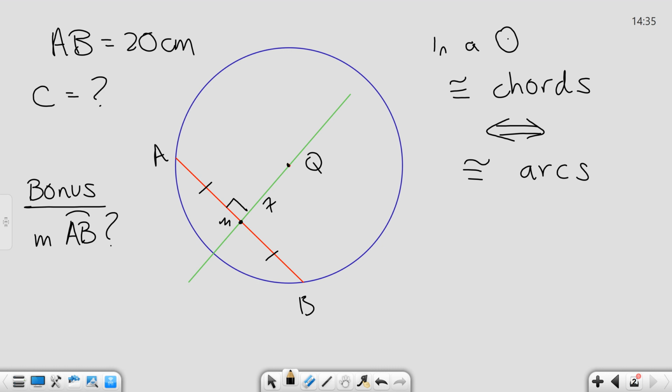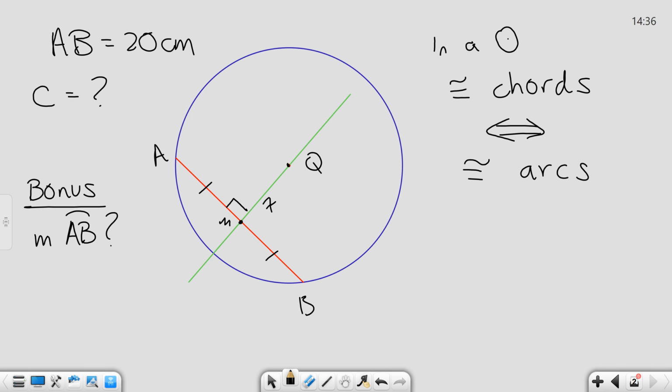Wait, I have a question. Make a triangle, and since it's a right triangle, do the Pythagorean theorem from Q to B to find that, that's the radius, right?